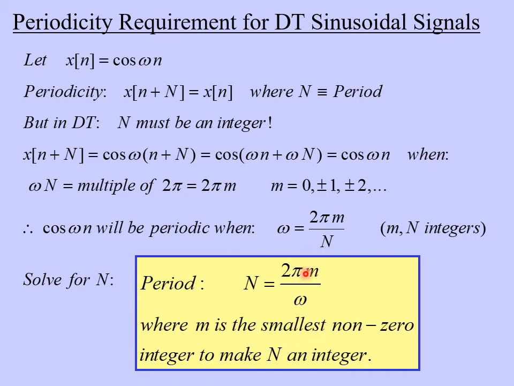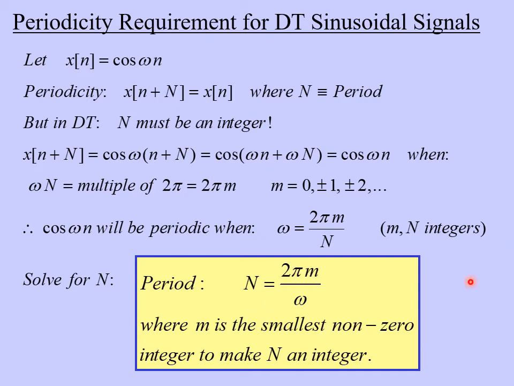So in other words, m has to be one of the integers 1, 2, 3, 4, 5, 6, 7, not 0. If we can find a value of m that makes N an integer, then we have a periodic sequence.